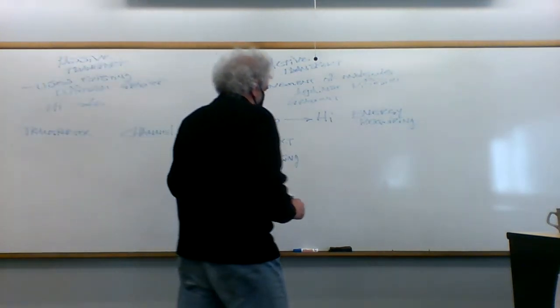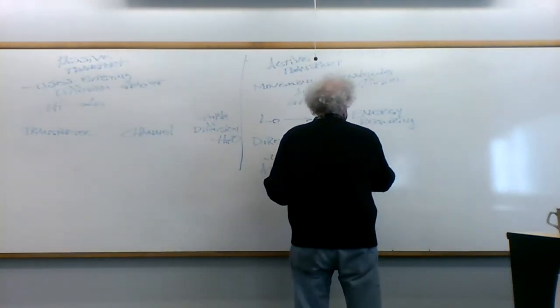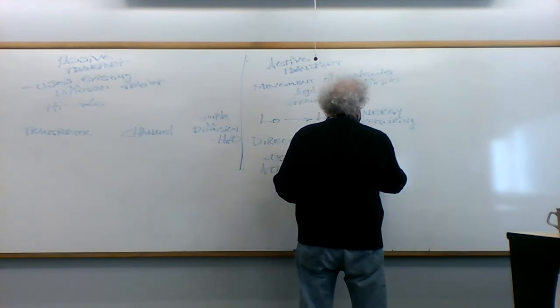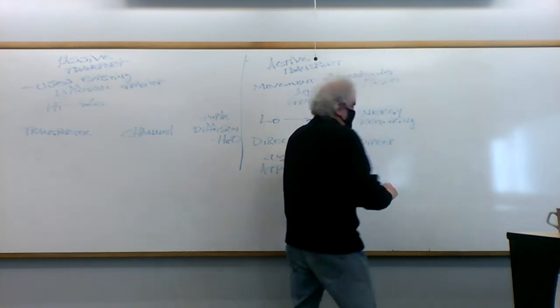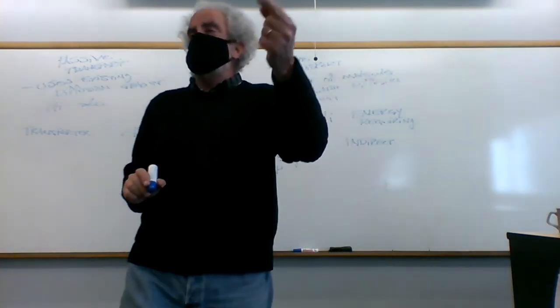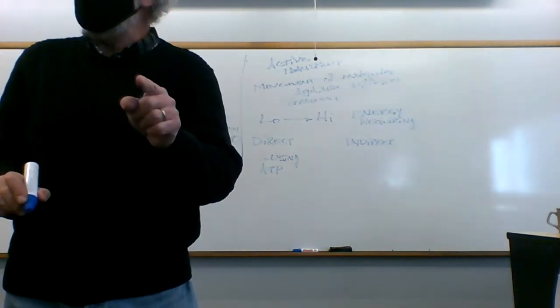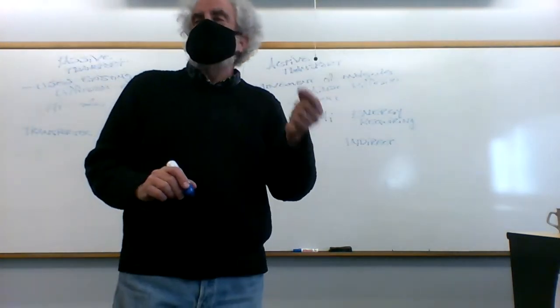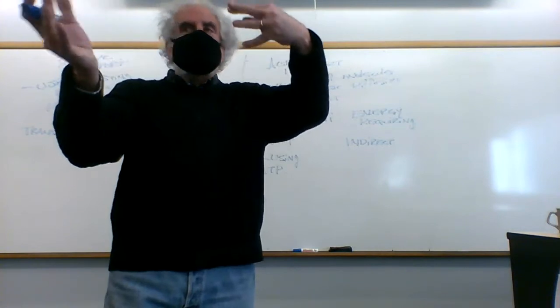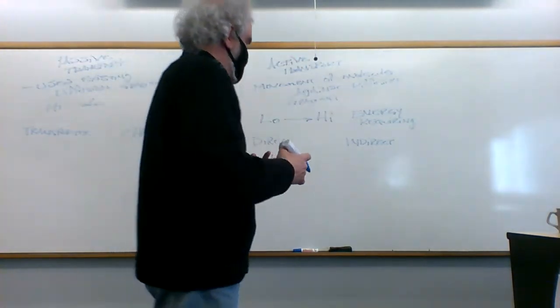We also can have indirect active transport. Now, indirect is going to use an existing concentration gradient and using that to drive another uptake against the concentration.